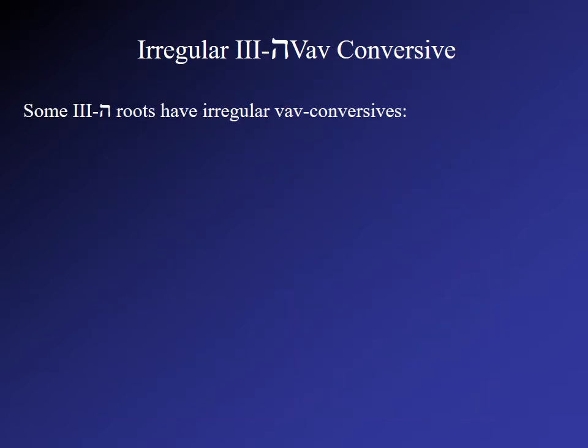However, this is not still quite our form. So the one last thing to learn, some third hey roots have irregular vav conversives. So not only is the vav conversive of the third hey different than its prefix, but some third heys have irregular vav conversives, even from the form we've already seen. These are, for instance, shata.